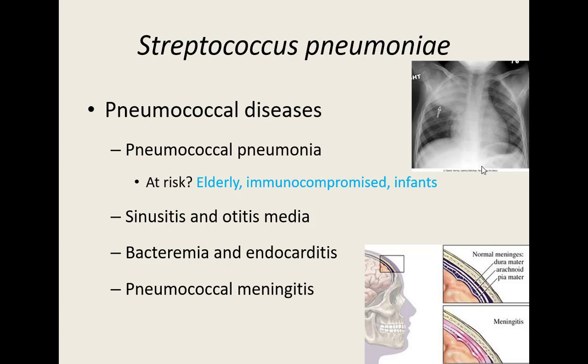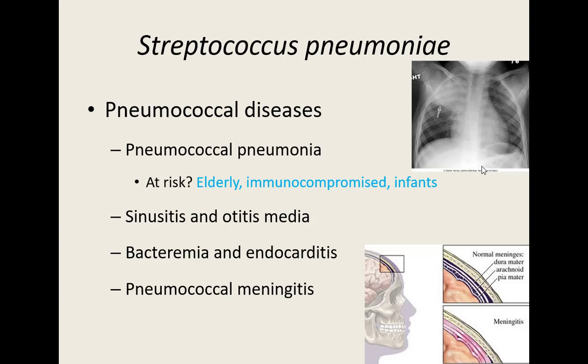But Streptococcus pneumoniae can get other places in the body and cause more common diseases. It is a big cause of sinus infections, that's the sinusitis. It's a big cause of inner ear infections or middle ear infections, that's your otitis media. So ear infections and sinus infections, top causes, they're caused by Streptococcus pneumoniae.